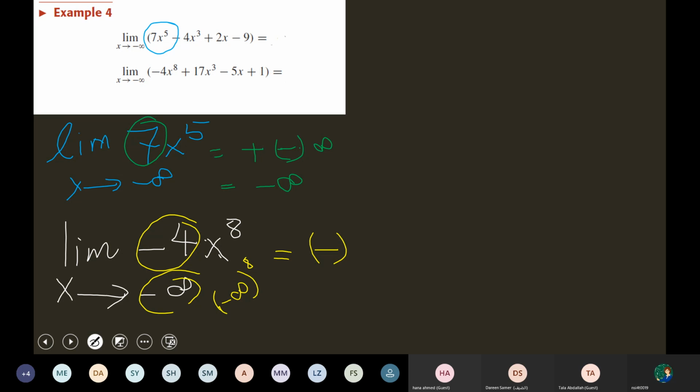Negative infinity, a negative number to an even power, will be positive. Then here, times positive infinity. So the answer will be negative infinity. Thank you, Tala.